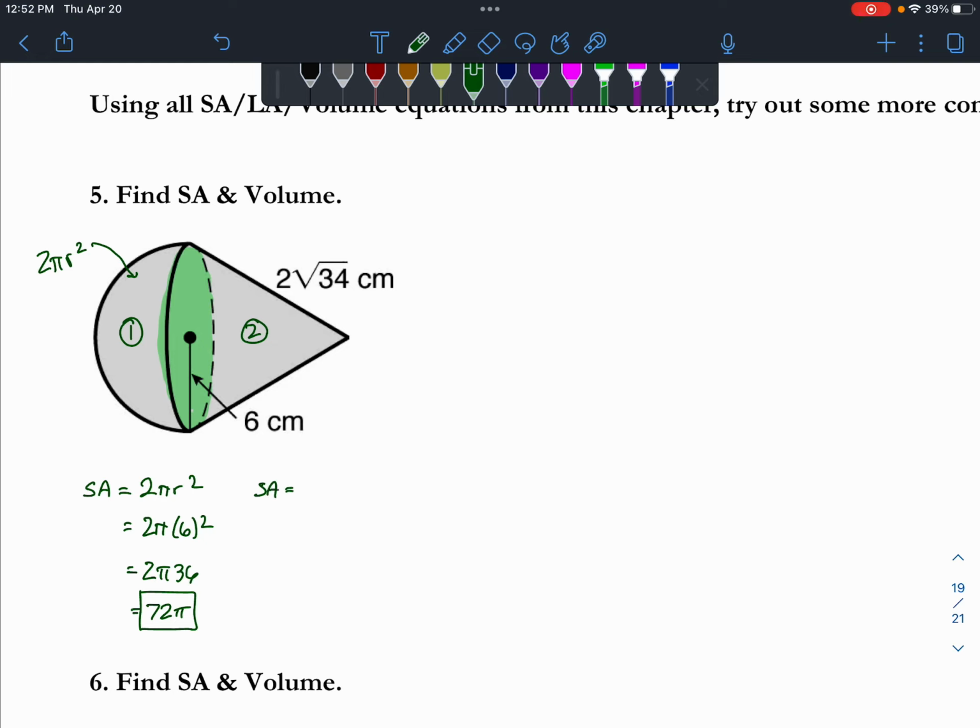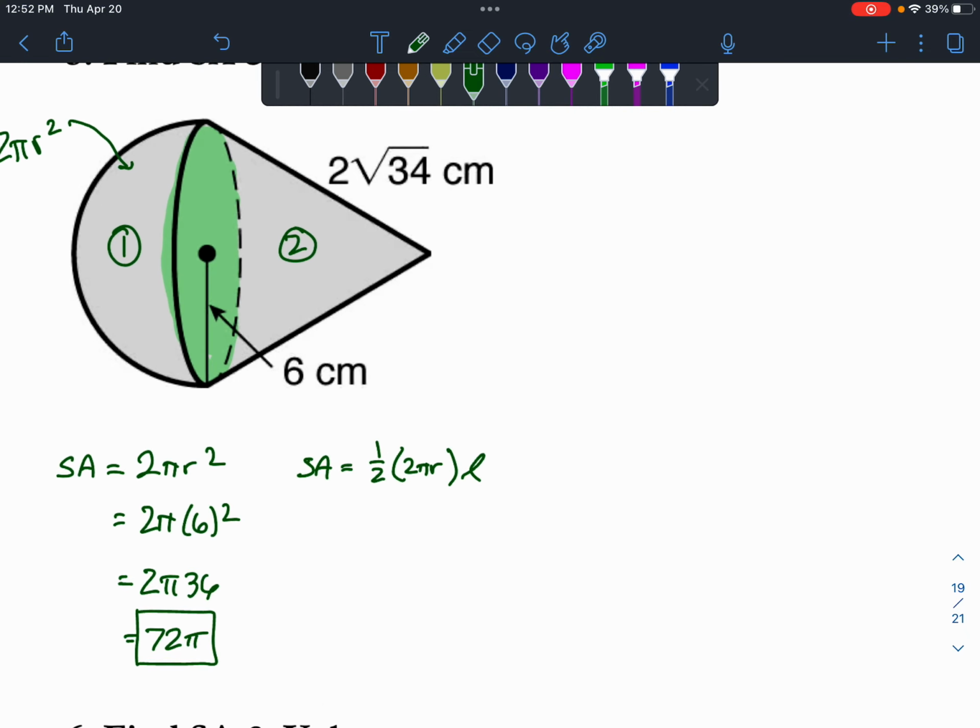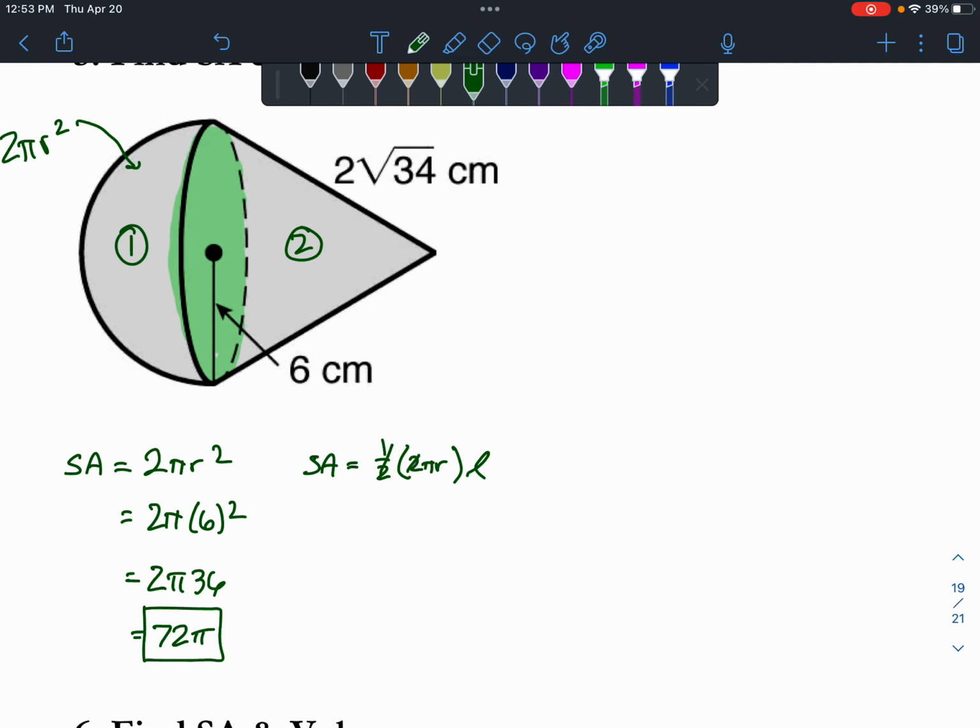This is a cone, so we would use either pi r L, or if I like to go to the old school, it's just 1/2 of the perimeter. Perimeter is 2 pi r times the slant height. You'll notice again that technically the 1/2 and the 2 reduce themselves out. So that's where that pi r L really comes from. And we will toss that in there.